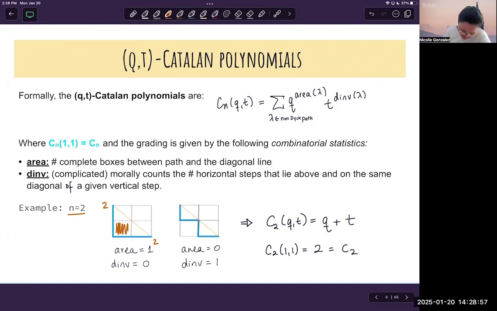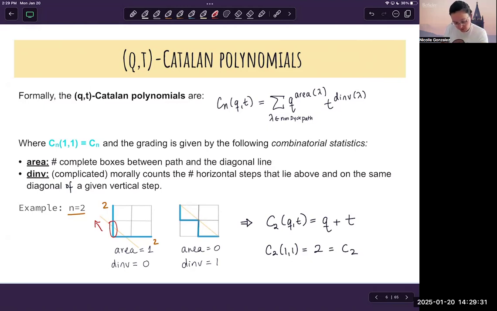Dinv, morally the way you count it, and this is not exactly correct, is you want to imagine that you're going to take this line and slide it. For every vertical step, you're going to look at the horizontal steps above it. So here, as I slide it, I look at this vertical step first, and I look to the left, because it's above and on the same diagonal.